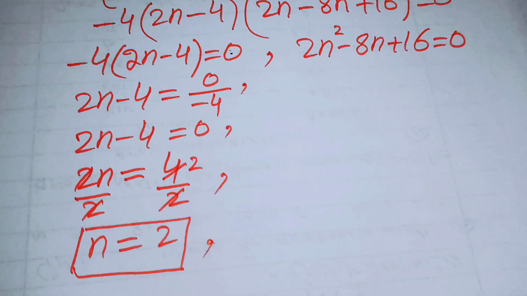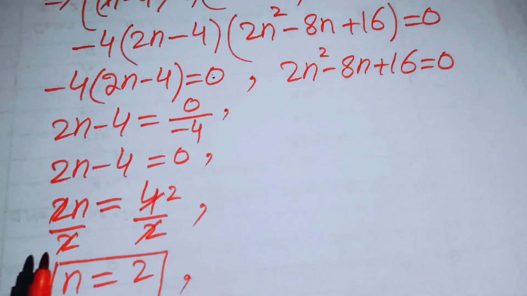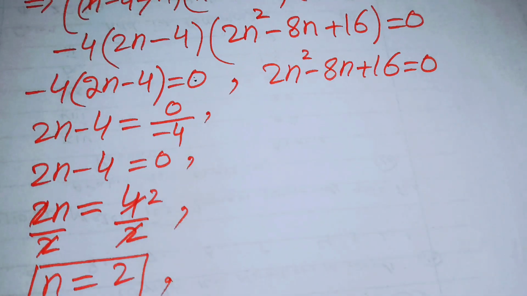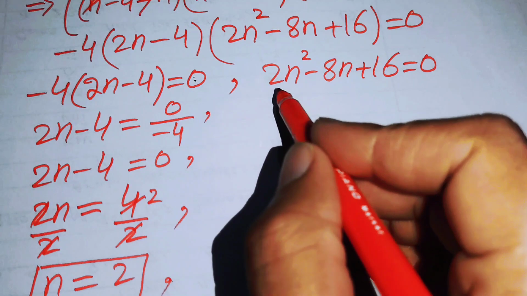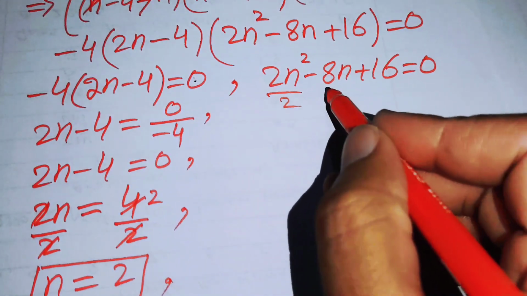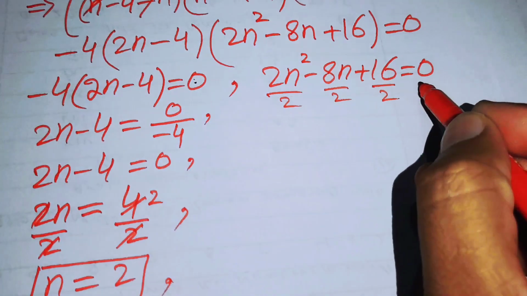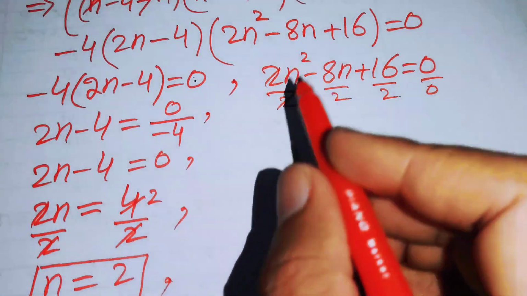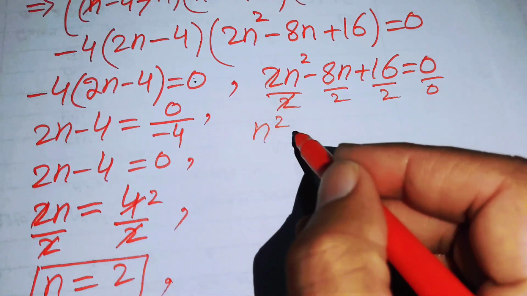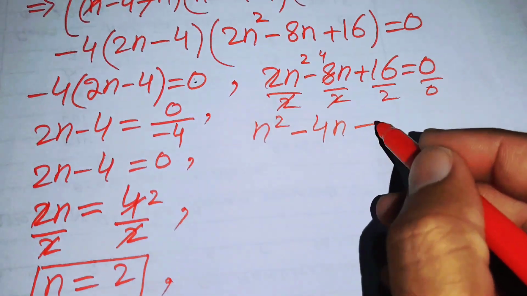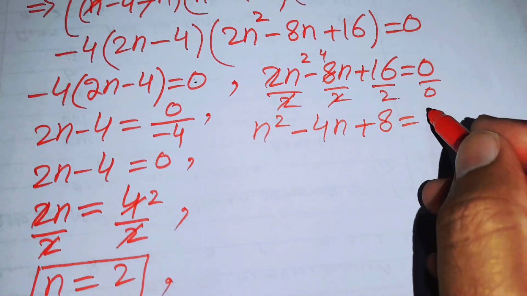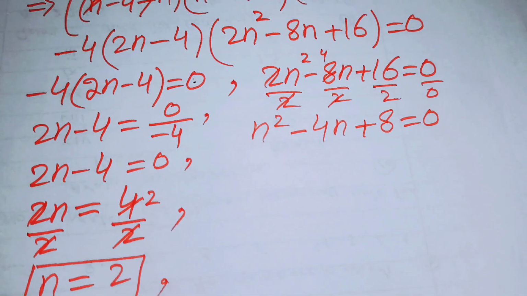So now in order to find the other roots, we can move towards this nice quadratic equation, and here you see that we have 2 as the common term. So first I can divide each side by 2. So you see that these are cancelled by each other, and you get here n squared minus, 2 4s are 8, n, and 2 8s are 16, and this whole equation is equal to 0.